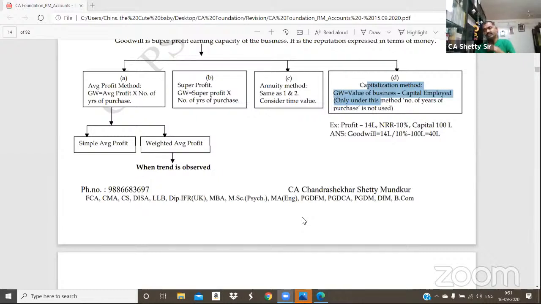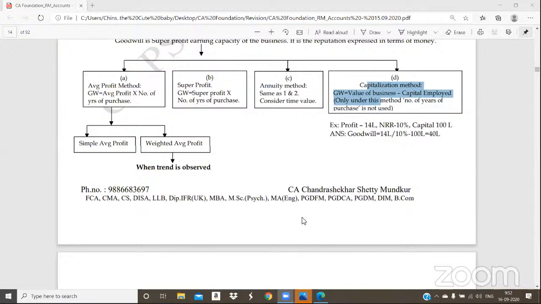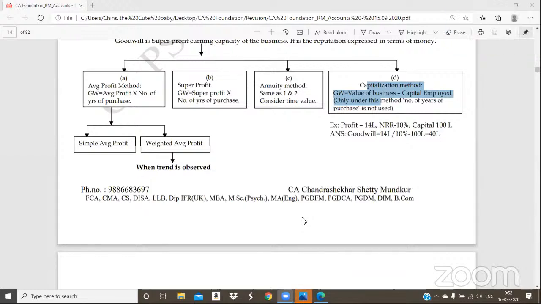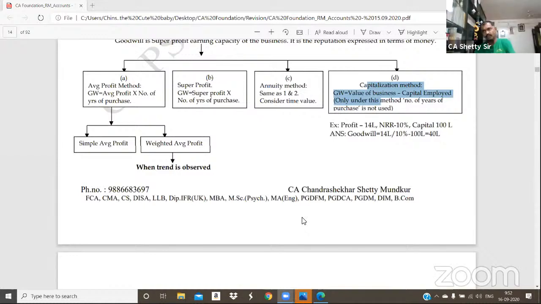Current assets, same figure, 250. 900 plus 250, 1150. Less creditors 100. So difference? 1050. Capital employed is equal to P, 1050.